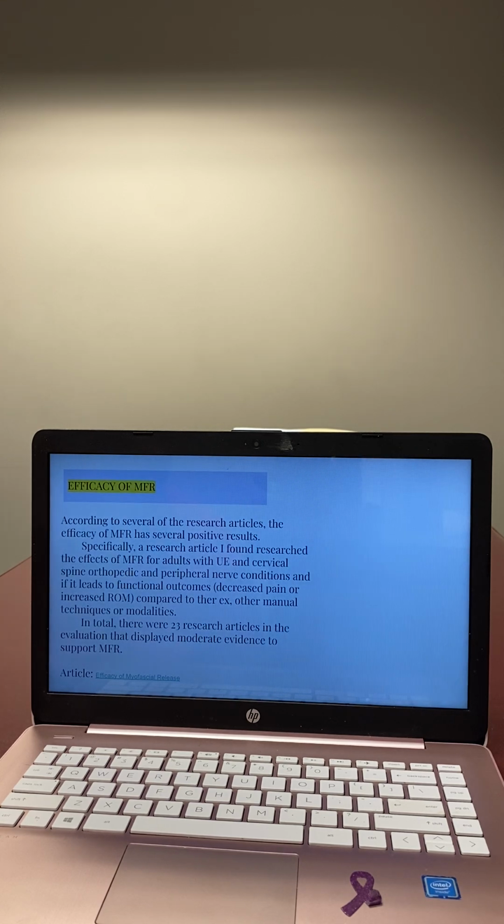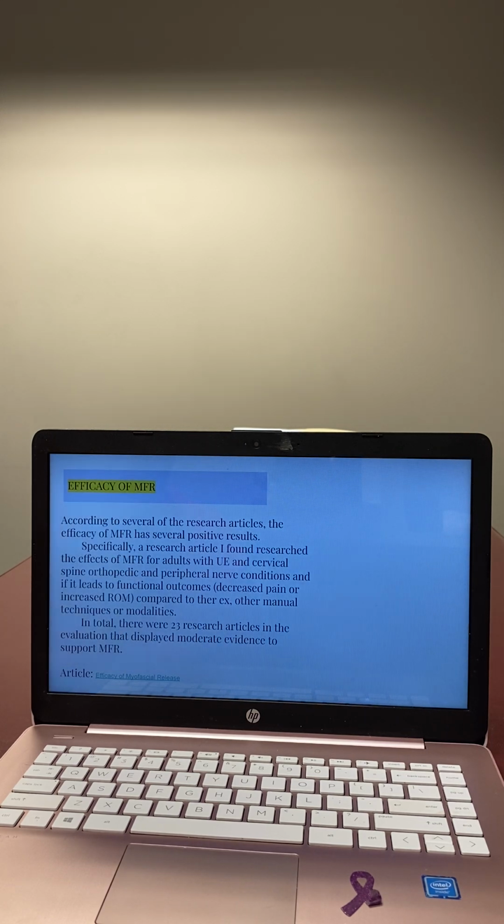I didn't find many negative things about why MFR is not beneficial for patients, but I do think, according to this article and the other ones I read, there could still be some more extensive research on it. But according to several of the research articles, the efficiency of MFR has several positive results.